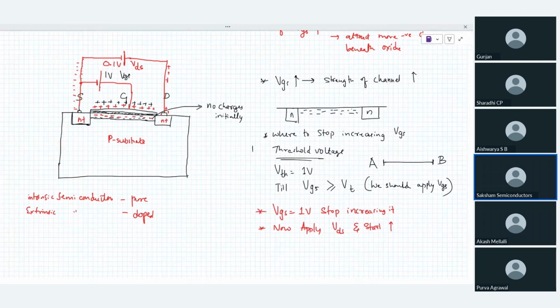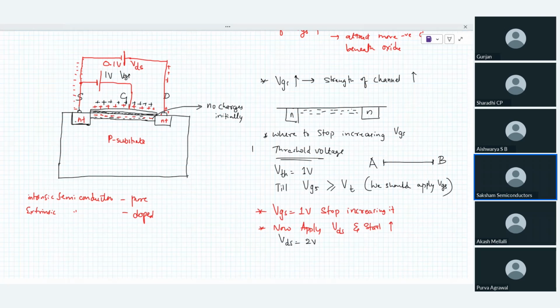Let's say that VDS has now reached 2 volts. So this 2 volt amount of electrons, which is a lot of electrons, cannot be withheld within the small region. Now they hop outside.